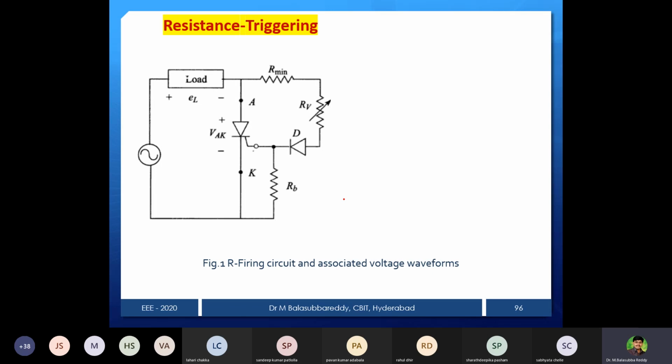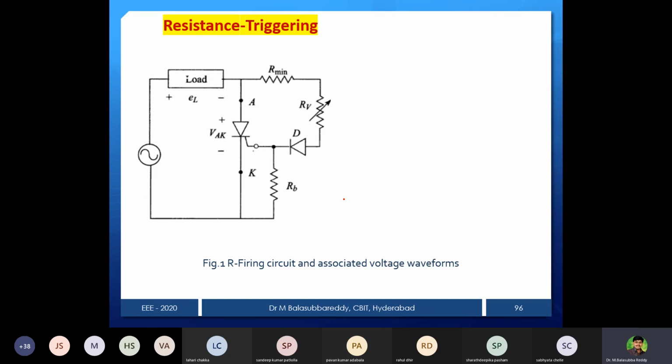And at what instant it has to fire is decided by when you pass the IG minimum. Suppose I want to fire the device at 30 degrees of delay, then at 30 degrees it has to pass the IG minimum, or if 60 degrees, at 60 degrees it has to reach IG minimum, like that.